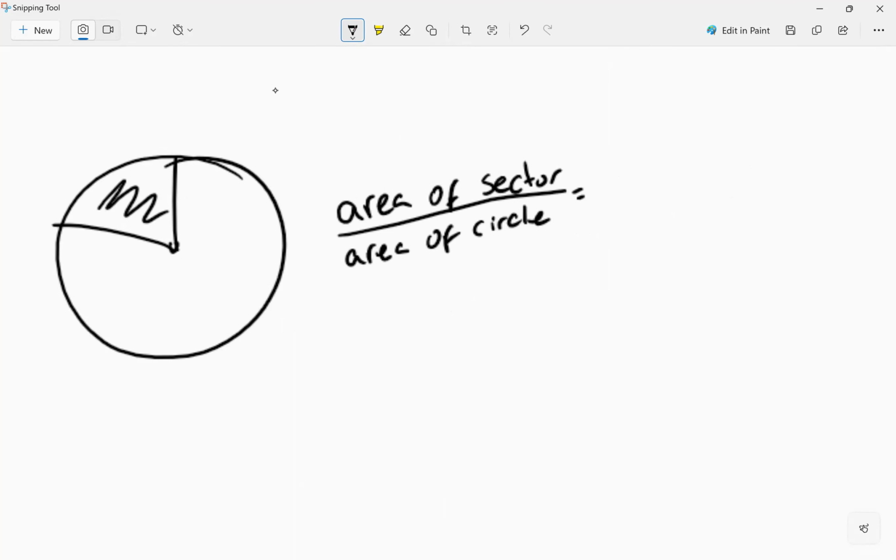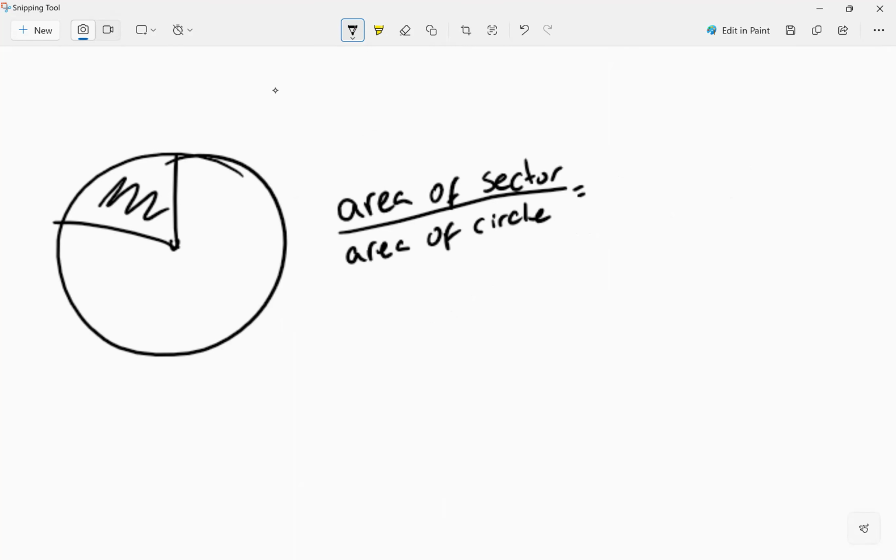Sector area divided by the area of the circle is going to be equal to the central angle divided by the angle in the circle.